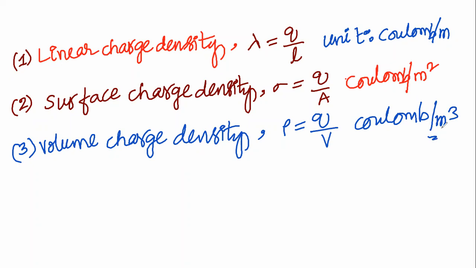Okay. Then we come to the next one, electric potential. It is the amount of work done in bringing a unit positive charge from infinity to a point in the field. That is called the electric potential.